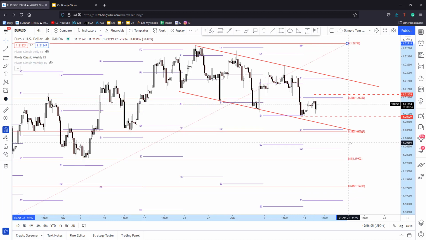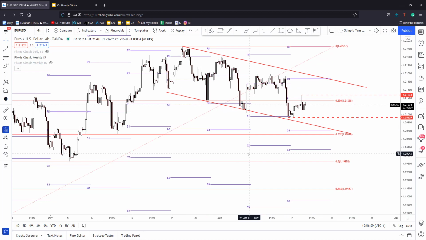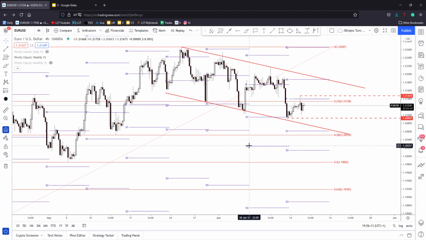So that's why you should use other tools: support, resistance levels, static, dynamic, trend lines, right?